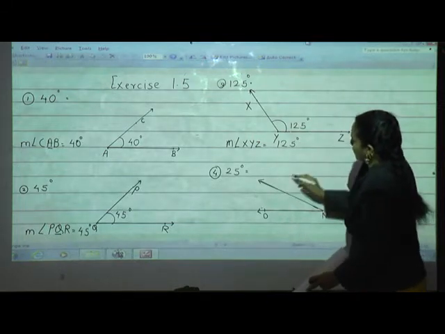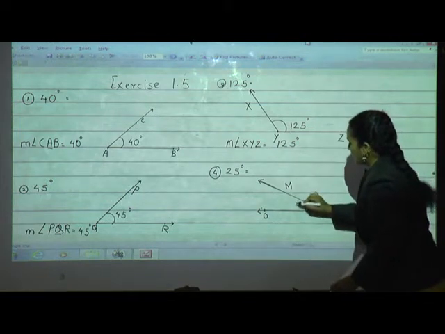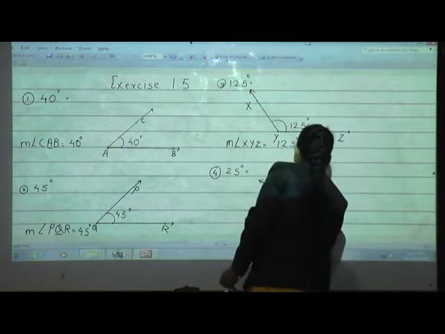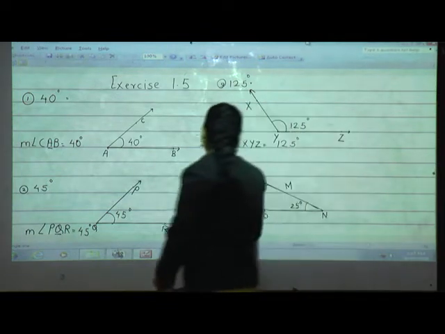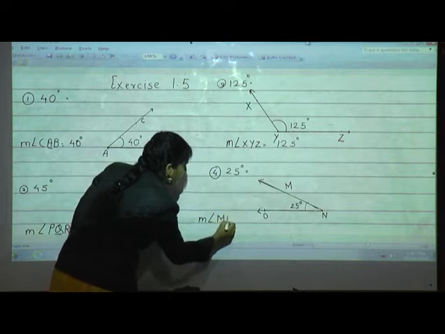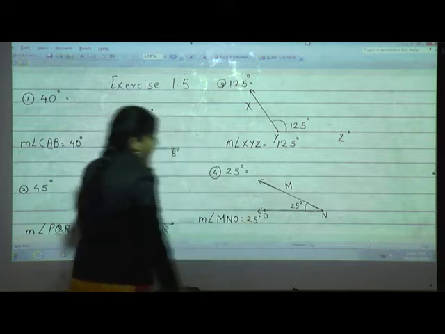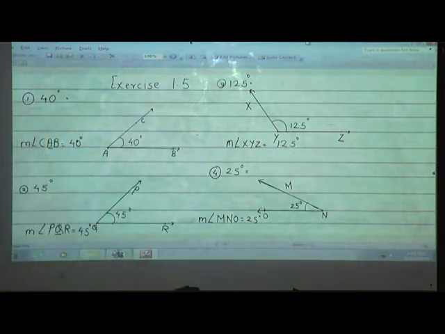So we got our angle MNO, 25 degree. See, and just write here: Measure of angle MNO is equal to 25 degree. Now we'll see our next example.